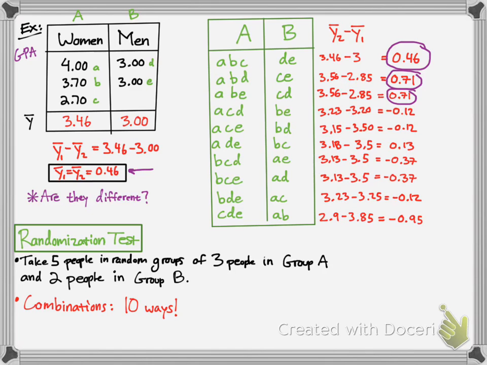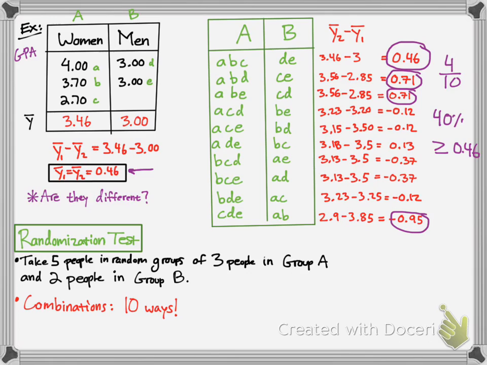But this one should be 0.95. Yeah, that should count because of the difference. Okay, so that means we have 40%. So 4 out of 10, because there are 10 combinations and we chose 4 of them that are greater than or equal to 0.46.